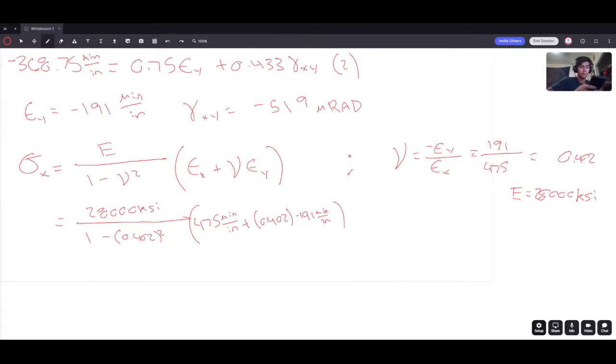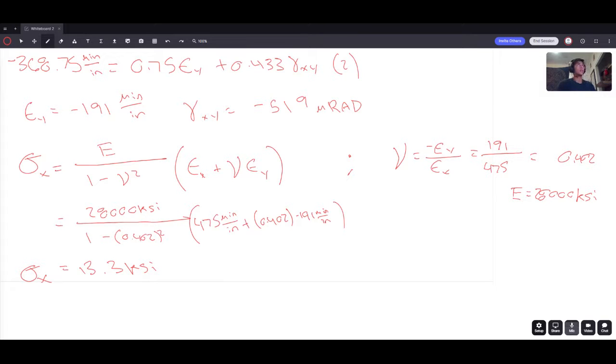Since 475 is in microinches per inch, I'm actually multiplying it by 10 to the negative 6, and 191 times 10 to the negative 6. So sigma x equals 13.3 KSI.